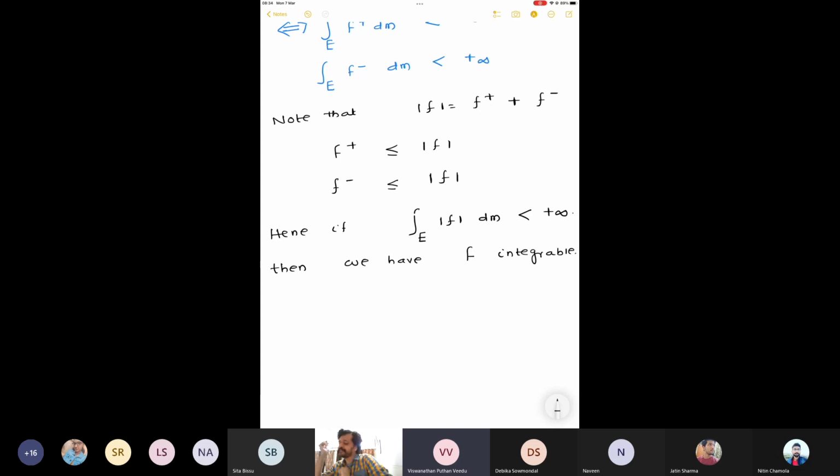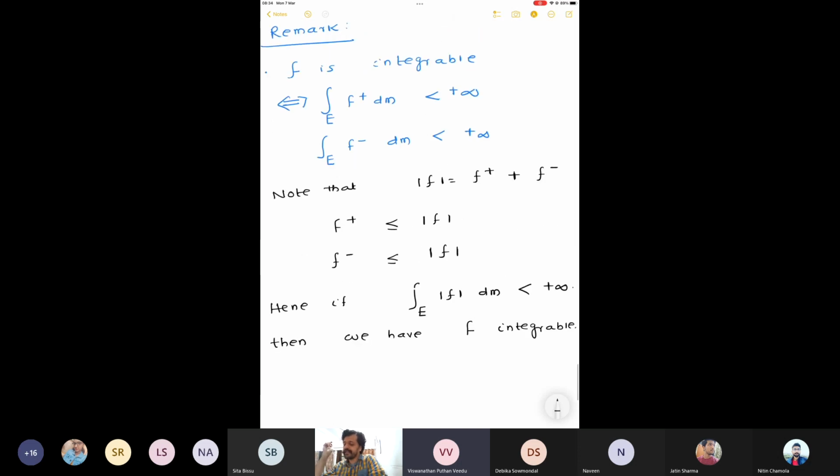Conversely, suppose f is integrable, then what is the definition? Integral over E f plus dm is less than infinity and integral over E f minus dm is less than infinity. Once both f plus and f minus integrals are less than infinity, do you see that integral over E mod f dm will be less than infinity? Yes.